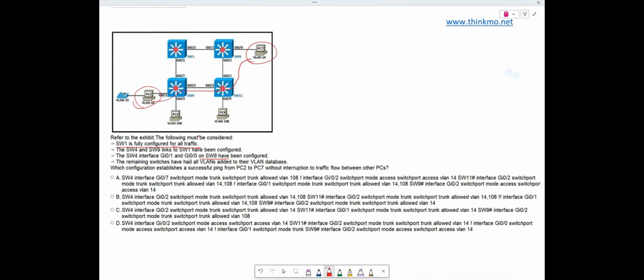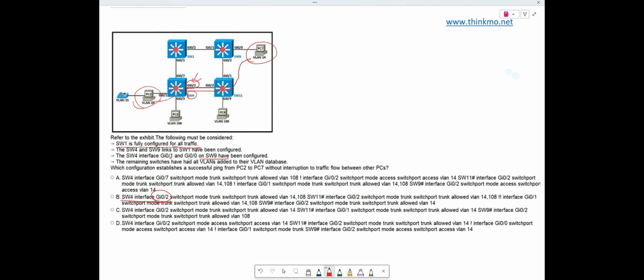There are actually a lot of answers for this, and they're all written together. Let's look at SW4 first. The interface 0/2 on SW4, that's option A. This is the interface on the right.